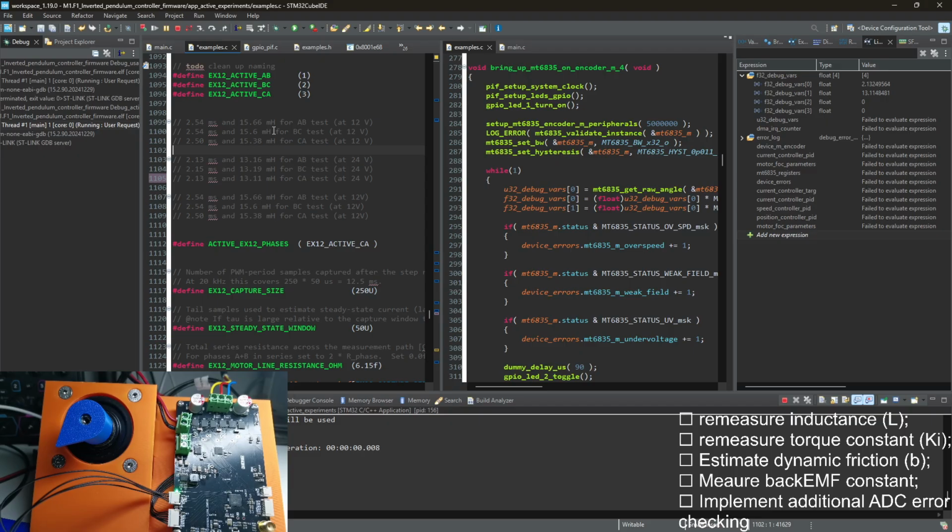Okay, now let's go back to 12 volts and retest with a higher current limit. Maybe the 12 volts test was incorrect. So I'm back to 12 volts. I have saved here, and let's do the sweep again.